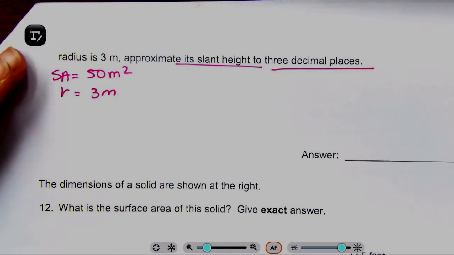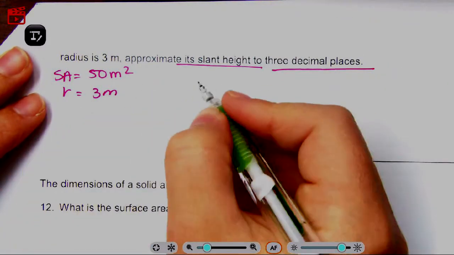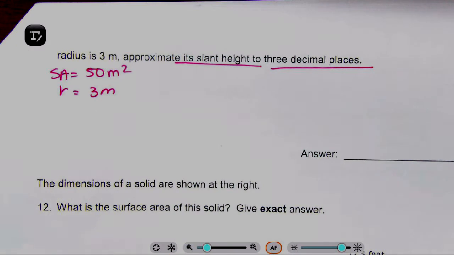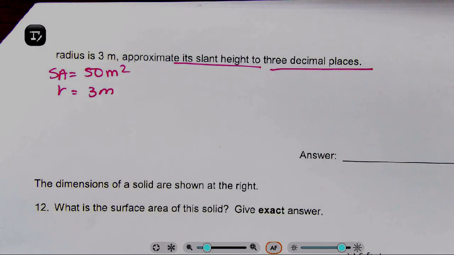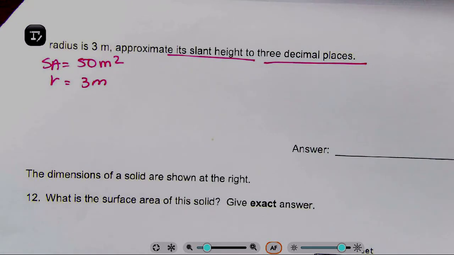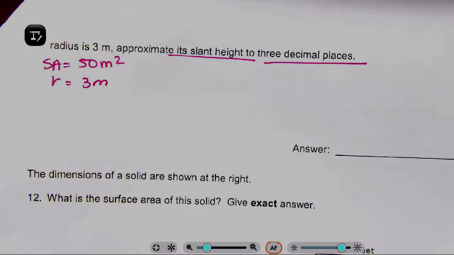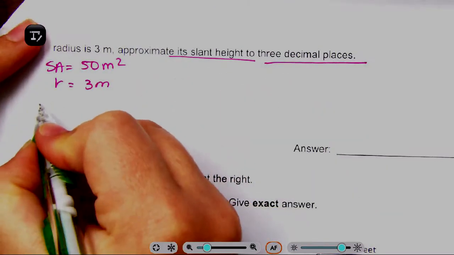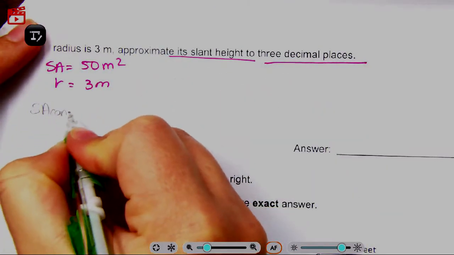Okay, so we know surface area is 50. We want slant height. The only formula that has slant height is the surface area of whatever this is. It is a cone again.